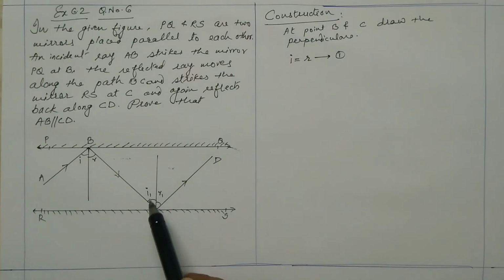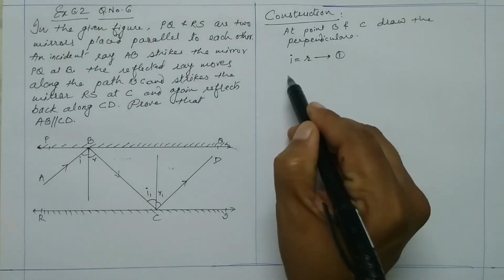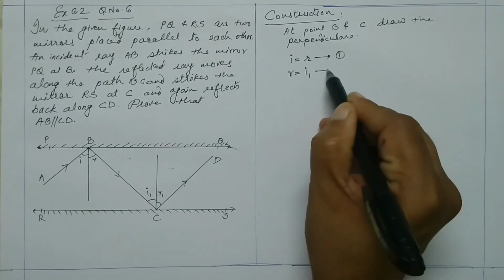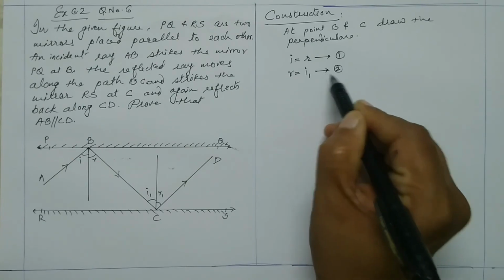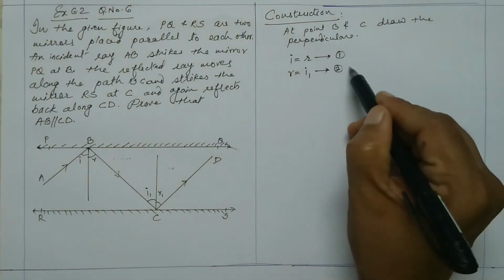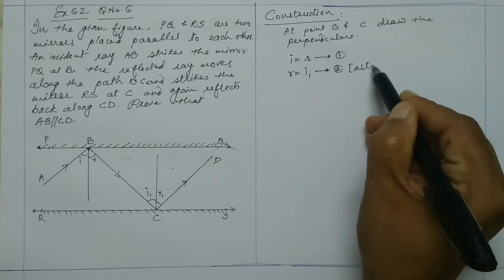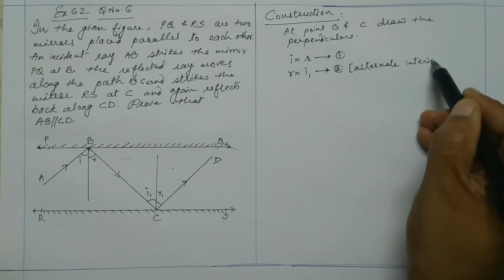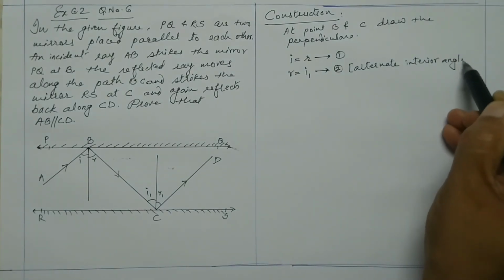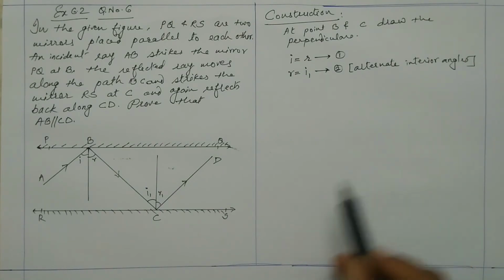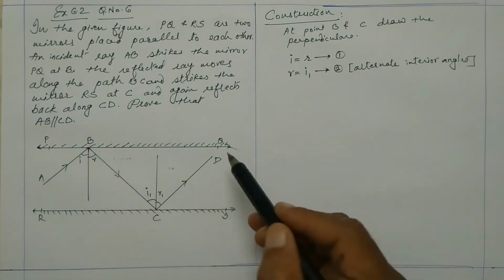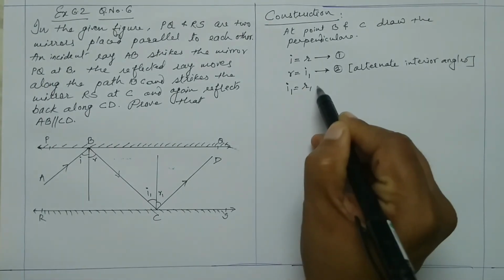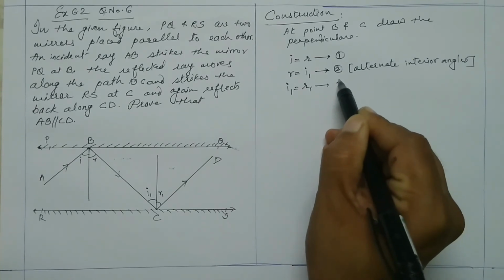Therefore R is equal to I1. You call this result number 2, and the reason is they are alternate interior angles. Same case, BC is incident now and CD is reflected, so I1 is equal to R1. This is result number 3.